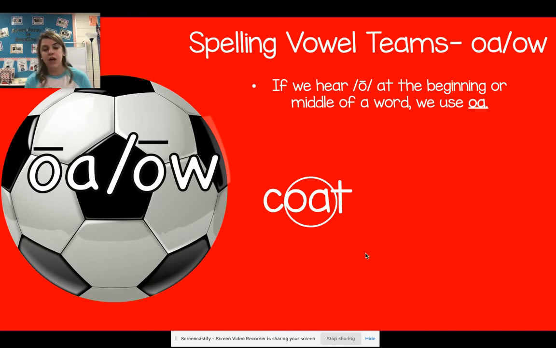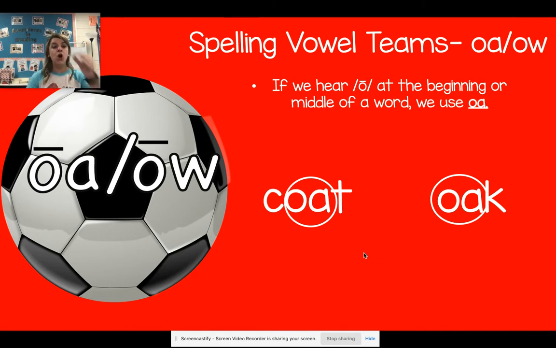Coat. We heard the O sound in the middle of that word, so it's spelled O-A. Second word, oak. We hear the O sound in the beginning of the word, so I know it's spelled O-A.